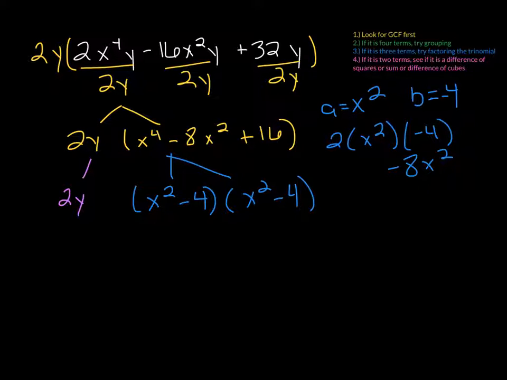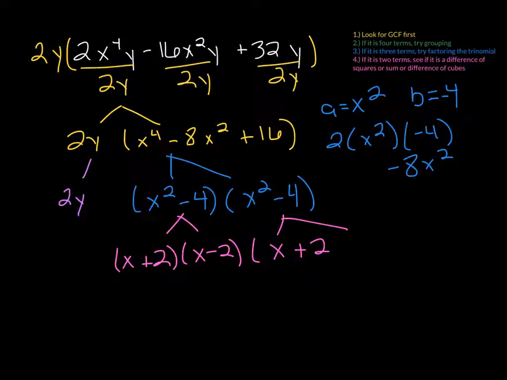But those can be broken down more because they're difference of squares. Square root of x squared is x. Square root of 4 is 2, so x plus 2, x minus 2, x plus 2, and x minus 2. And 2y can't be broken down anymore.